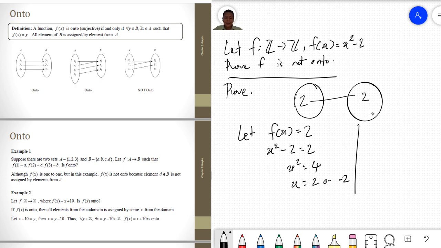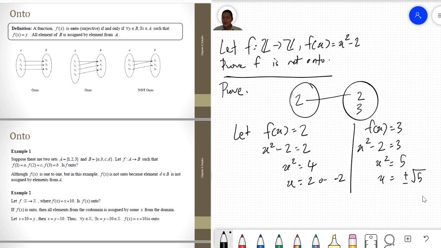However, for the case of onto, it must be for every element. Let me ask for 3. For the case of f(x) equals 3, x squared minus 2 equals 3, and this x squared equals 5, and x equals plus or minus square root of 5, and right now this is not an integer.